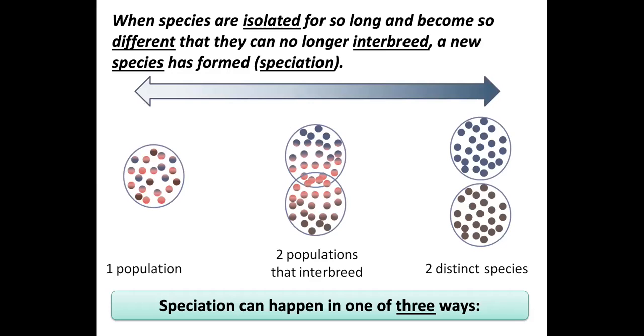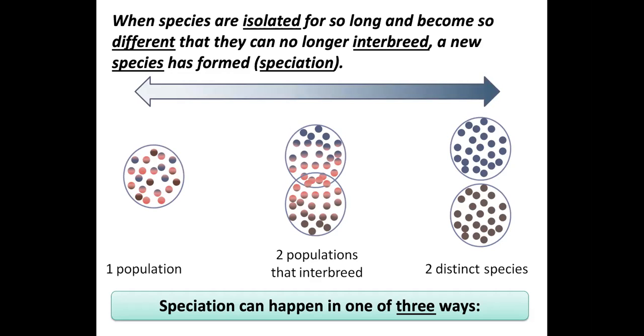So now one of the last things we're going to talk about. When species are isolated for a long period of time, they become so different that they can no longer interbreed. So now a new species is formed, and that is what is known as speciation.